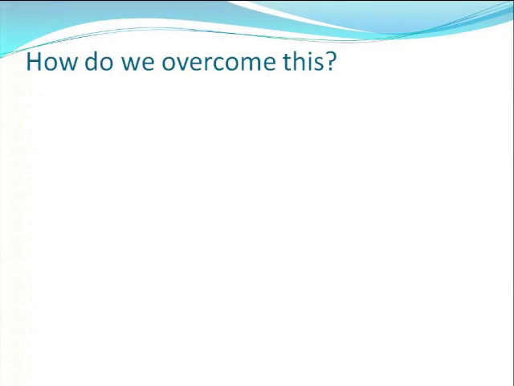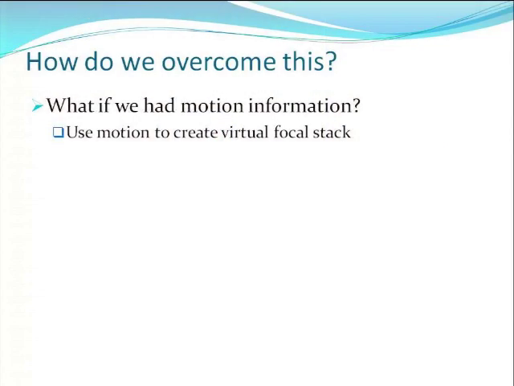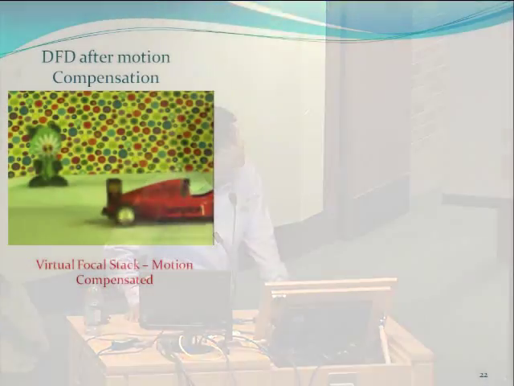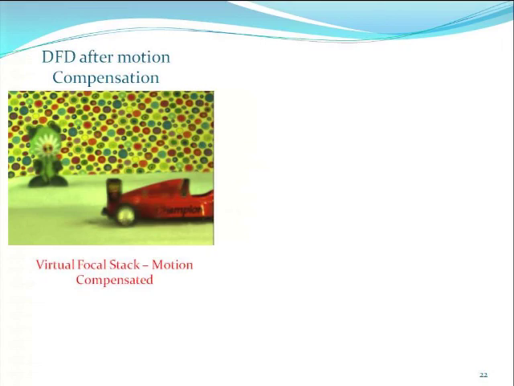So then the question is, how do we overcome this? Let's say somebody gave us the motion information. So the question is, how do we use this motion information? We can use it to create a virtual focal stack. What we mean by this is, let's say the focal stack had 5 images. You can warp frames 2, 3, 4, and 5 to frame 1 to create a virtual focal stack like this.